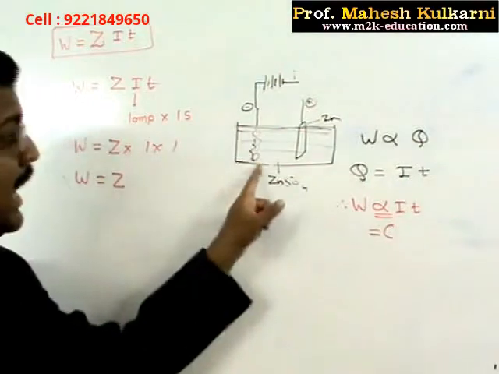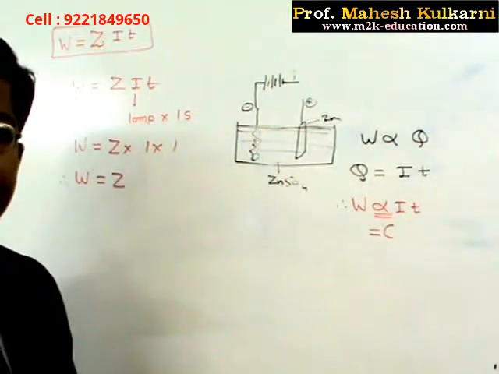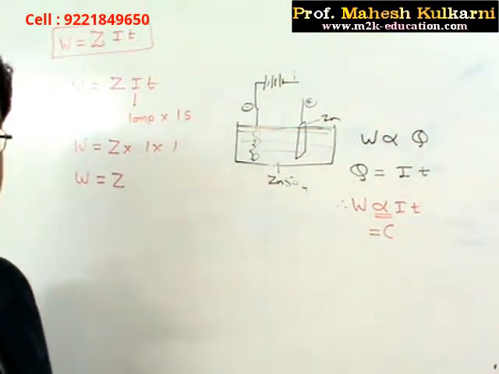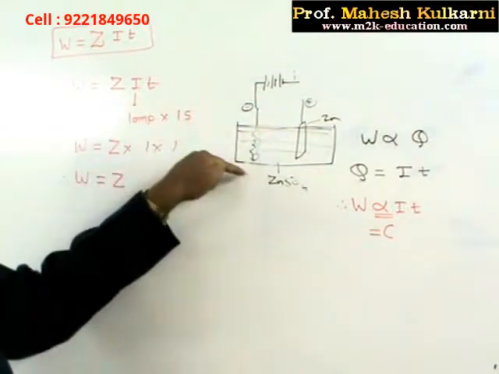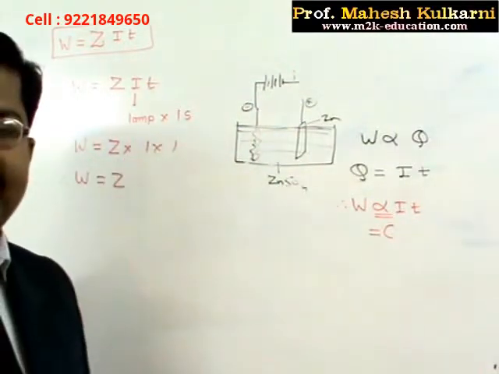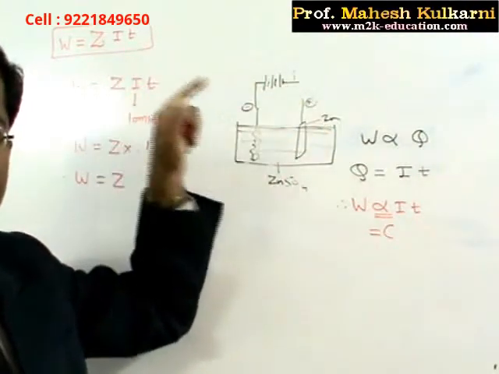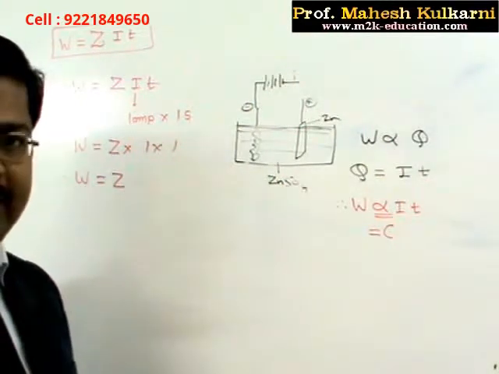So simply I have to take a cathode, clean it, dry it and weigh it. So I have a known weight of cathode. Now insert it here and carry out this experiment, applying a current of 1 ampere for 1 second. Remove this cathode, dry it and again weigh.